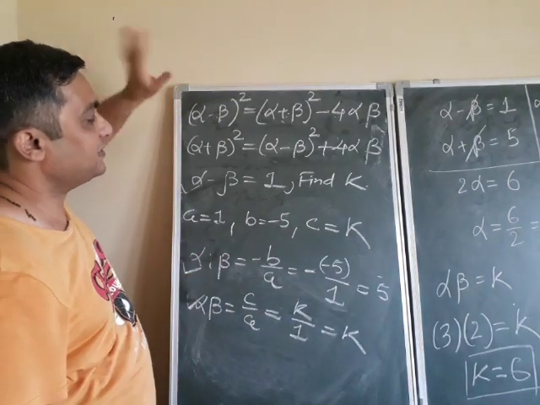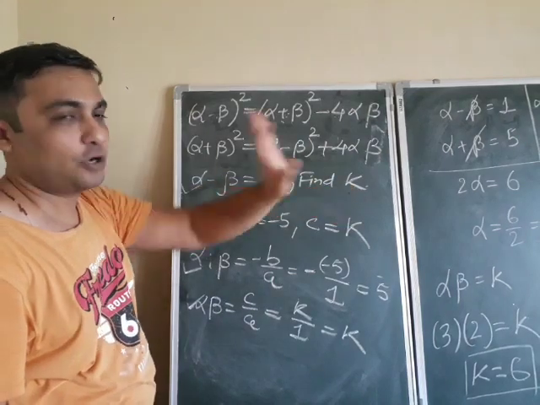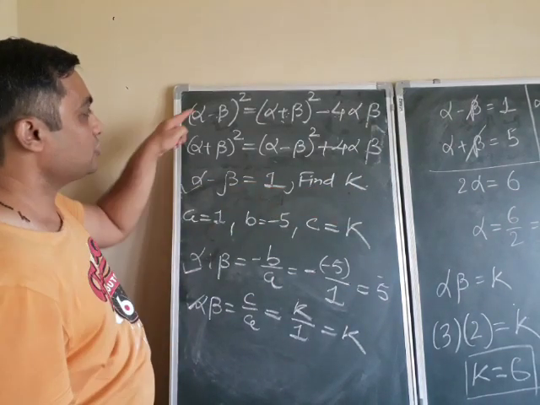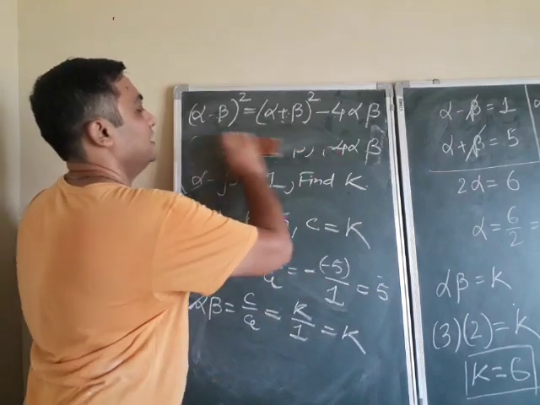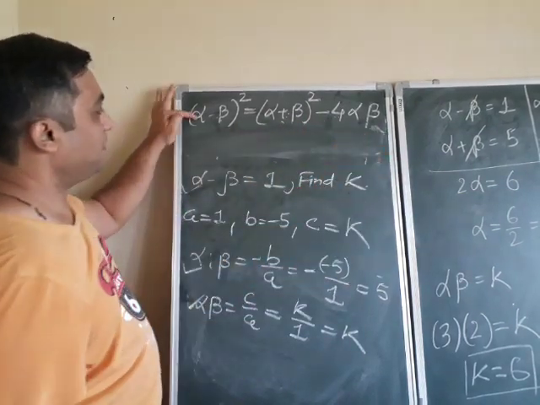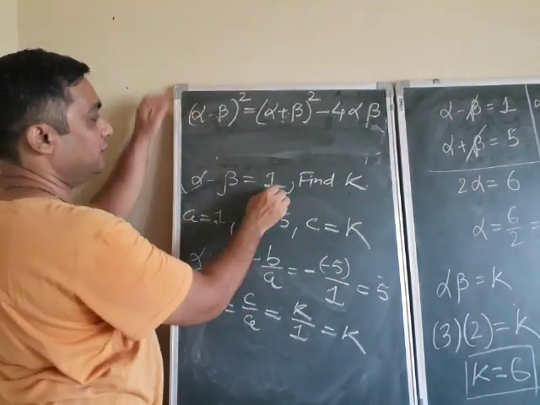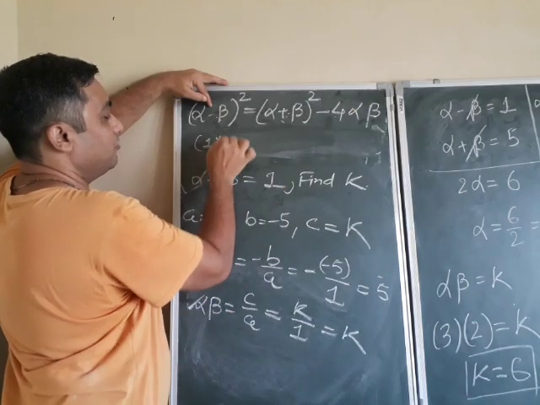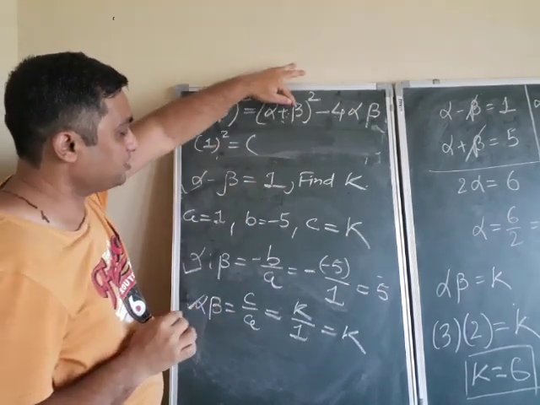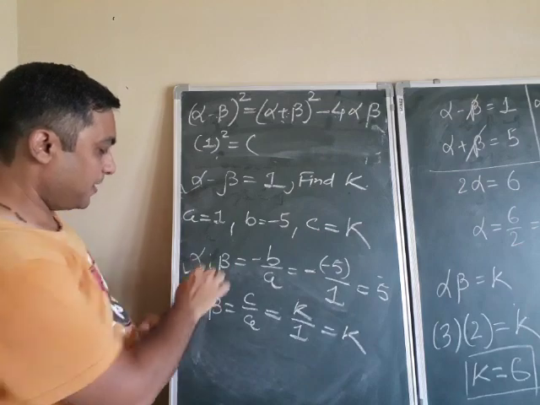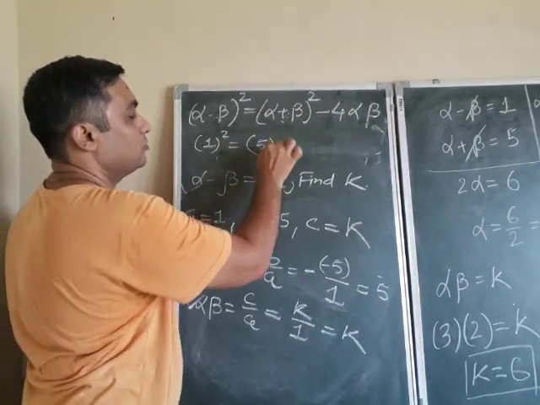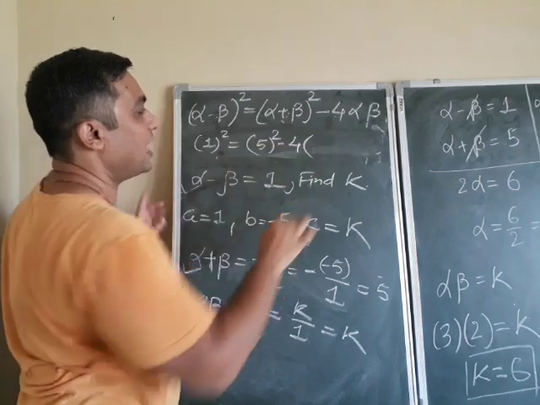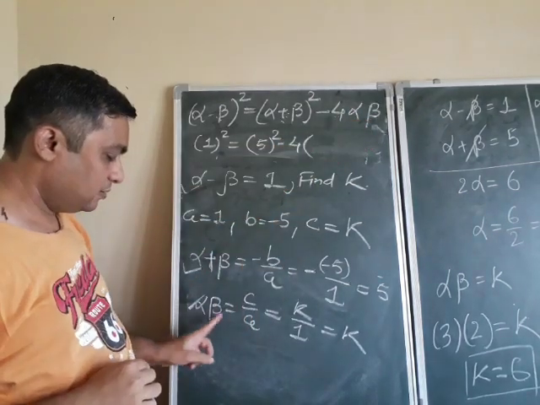इसमें से कोई भी एक इस्तेमाल करो, you will get the value of k. Okay, suppose I use this one, you can also use this one. Okay, see, alpha minus beta is ready, 1, substitute here, 1 square. Alpha plus beta is ready, 5, substitute here, minus 4 alpha into beta is ready, k.